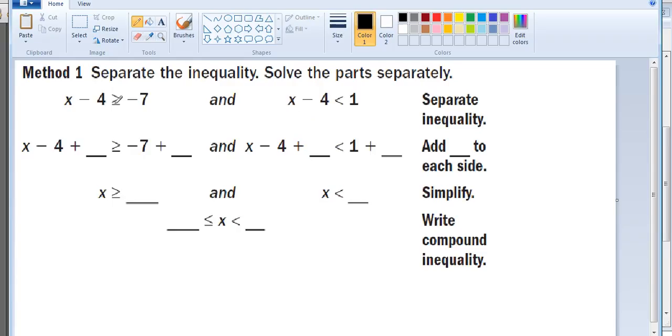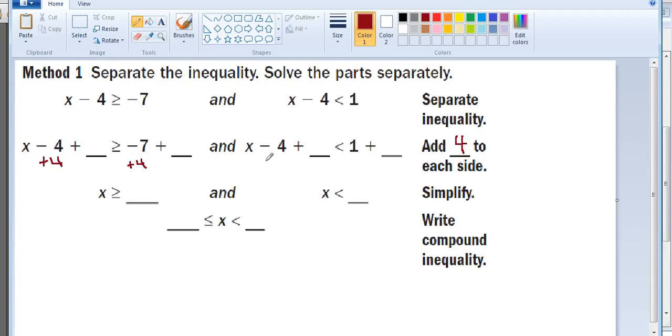So first thing we're going to do is just work on this one right over here. The first thing we have to do is add 4 to each side. Now we're really going to treat these both the same. We've got to get x by itself. So we're going to be adding 4 here. We're going to be adding 4 here.